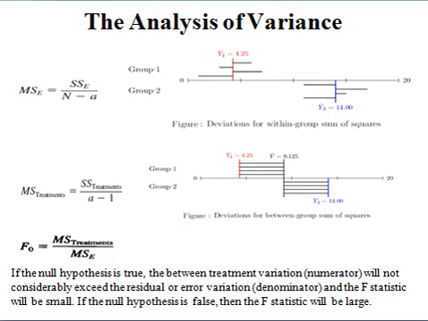So f naught here is basically MS treatments divided by MSE, which is basically the variation between treatments divided by the variation within a group or within a treatment. So let's say I have 4 or 5 levels or treatments.